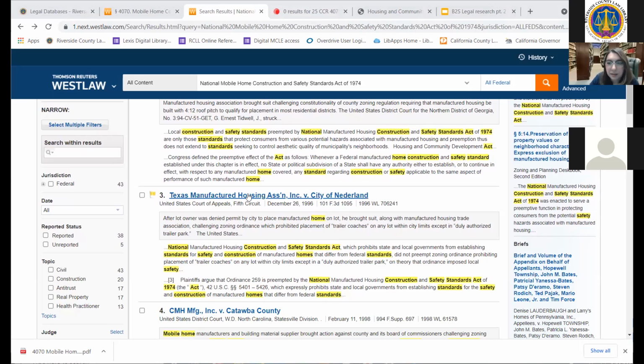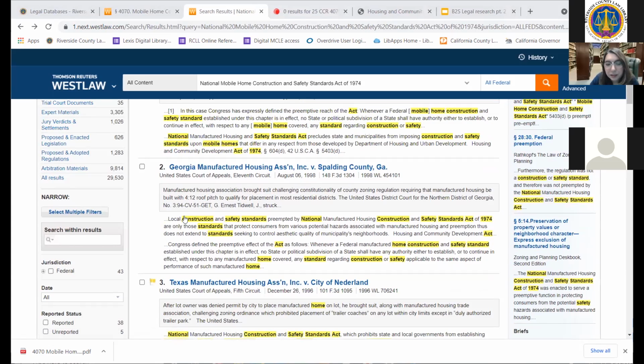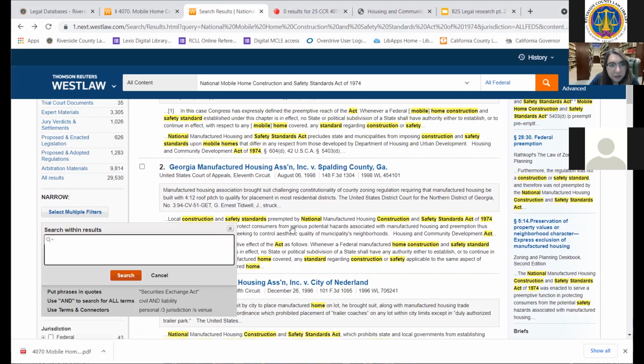And then another thing that I like to use while we're looking through it is you can search within the results and you can look for specific terms. So this is where I would go back to my list of terms and I would search within the results for these terms.